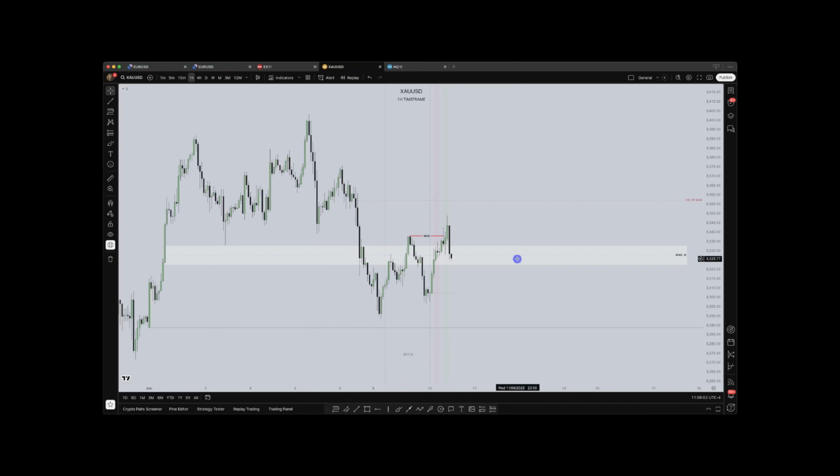Even if we have in the daily time frame this inversion fair value gap, the fact that price did this market structure shift makes me think it still is bullish.